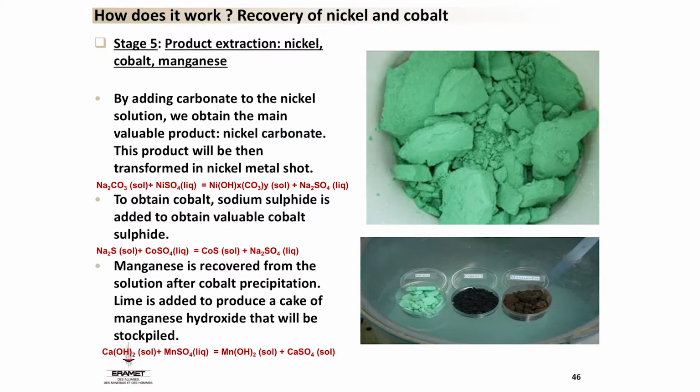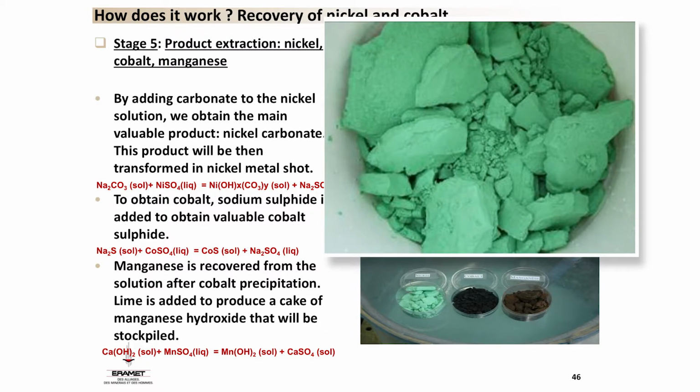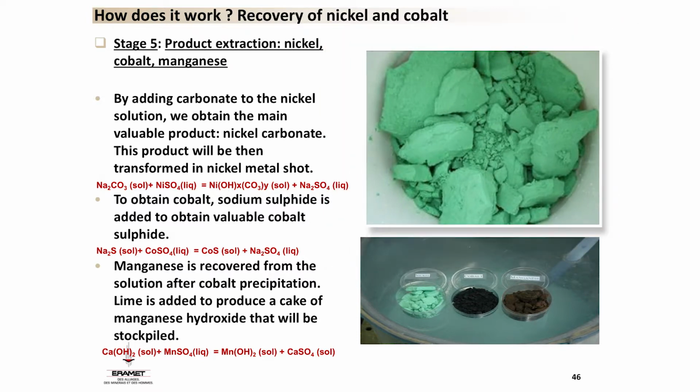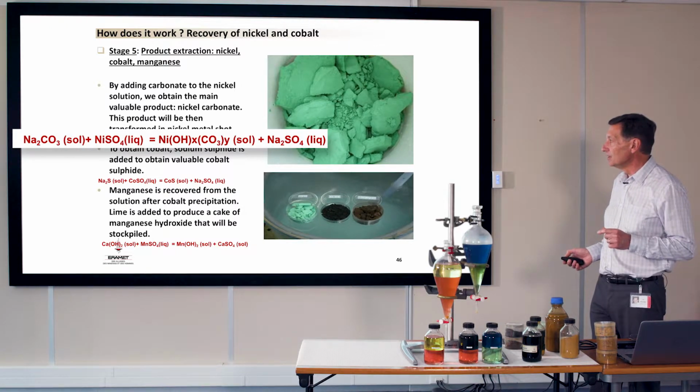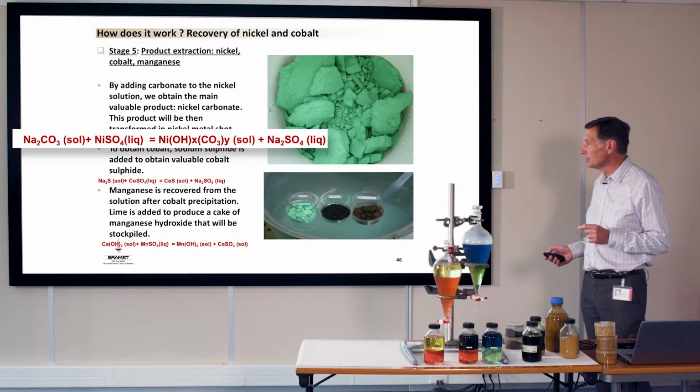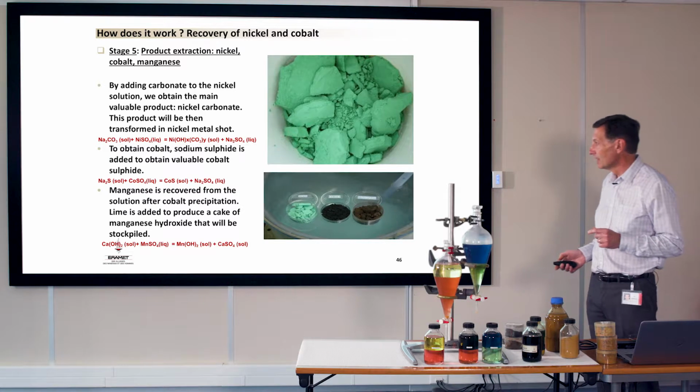You see here a picture of nickel carbonate produced during the pilot campaigns, and you have here the equation, the reaction of sodium carbonate addition on nickel sulfate in liquid and precipitation of this nickel carbonate.